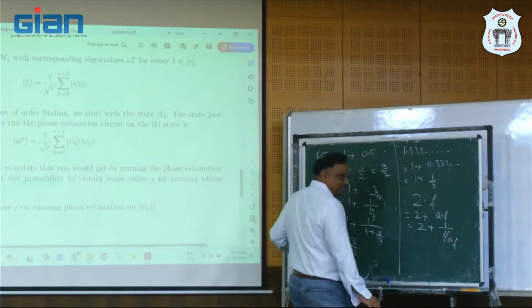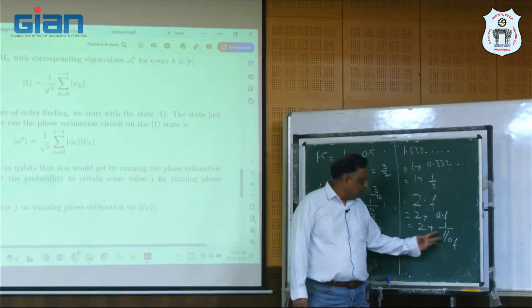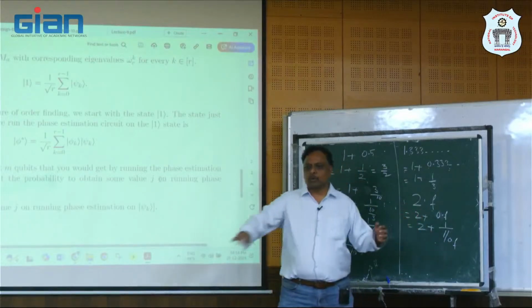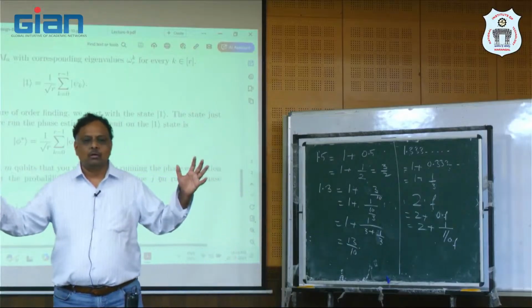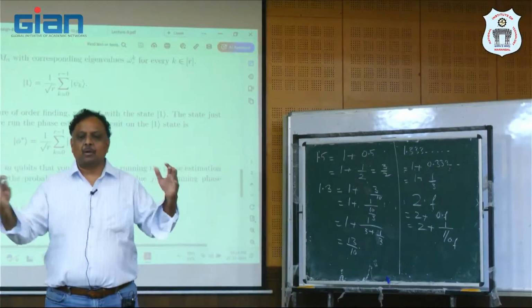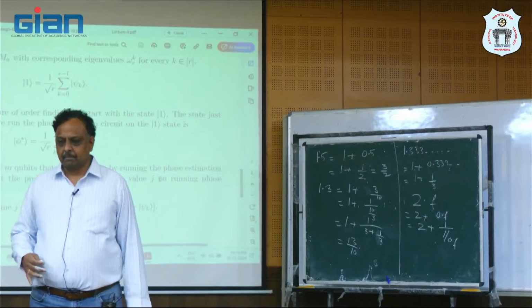Yes, but this is a large number now. Then you recurse and keep going on. At some point you stop, and that is your rational approximation to that number using continued fraction. Agreed?